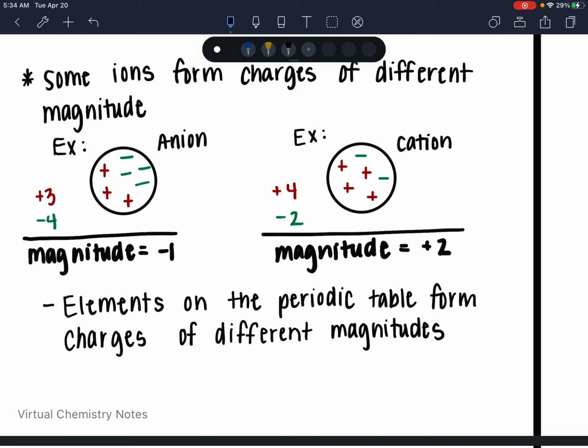So what we're going to do in our next activity is try to determine what charges the elements on the periodic table form. And maybe, are there patterns to the charges that elements form on the periodic table that we can use to keep us from having to memorize all of those different charges? That being said, you're ready to move on to the activity, so go ahead and progress forward.